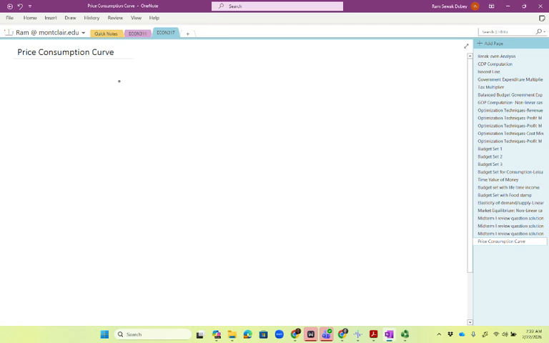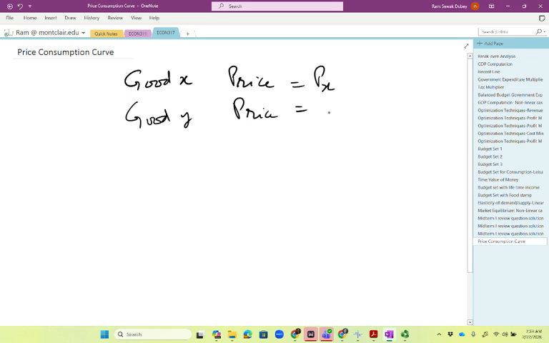In order to do that, we will assume there are only two goods. So good X, its price is what we will change. I will write it as P of X. Good Y, and this price I will assume to be constant.